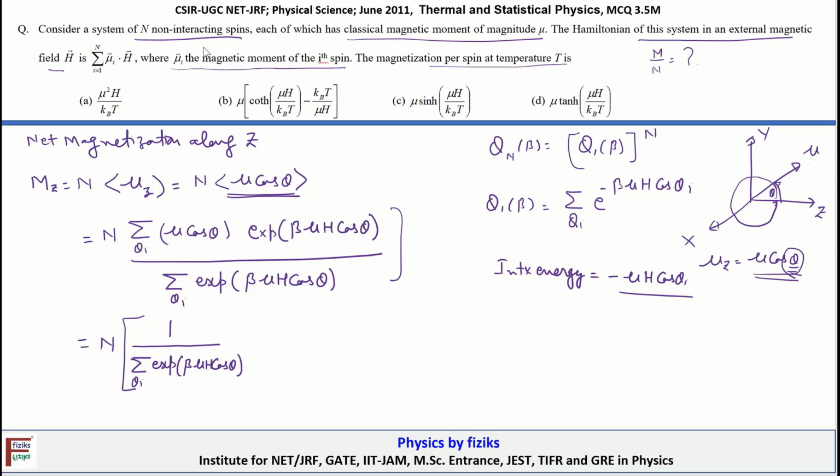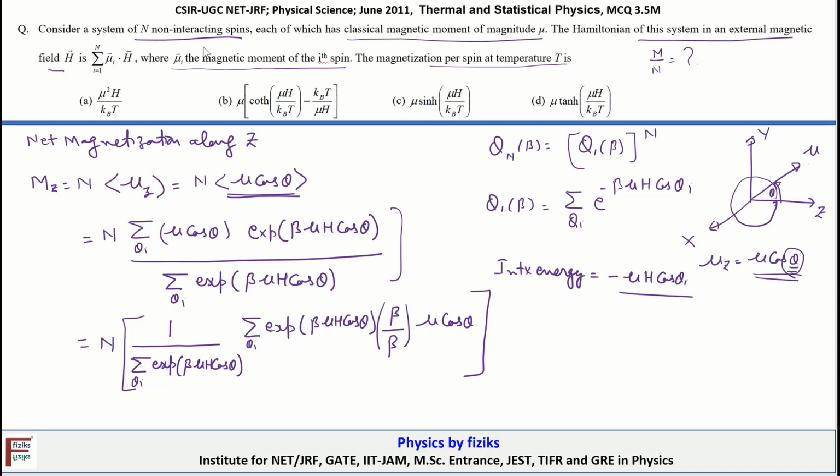Now the terms in the numerator: summation over theta i exponential beta mu h cos theta, and then here I'm going to introduce a factor of beta. I'm multiplying with beta and also dividing by beta, so ultimately the expression remains unchanged, okay. And then what is left is mu cos theta, okay.